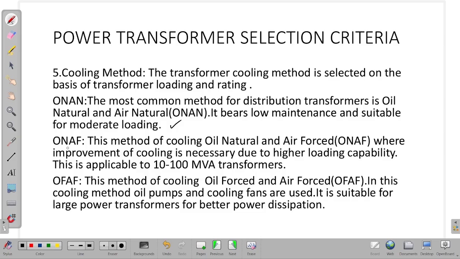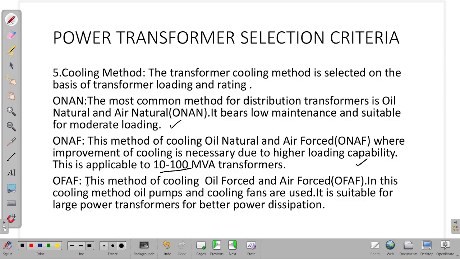Second one is oil natural and air forced, ONAF, where improvement of cooling is necessary due to higher loading capability. This is applicable for 10 to 100 MVA transformers.